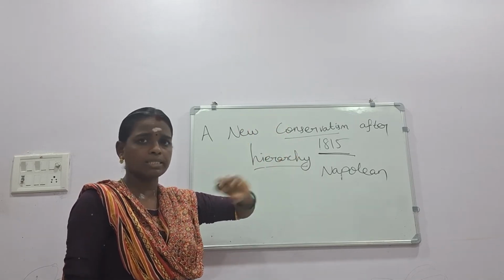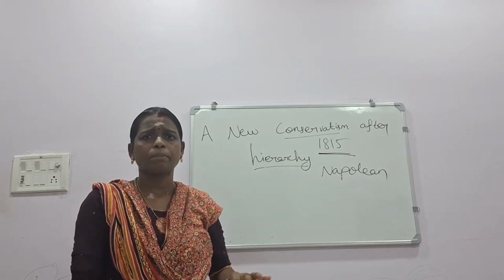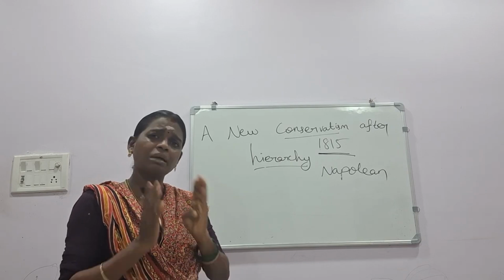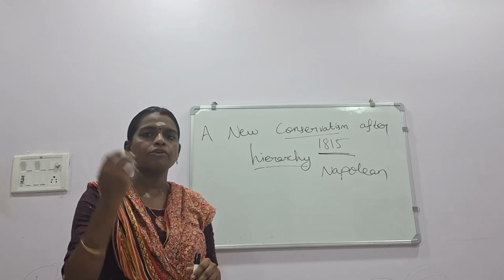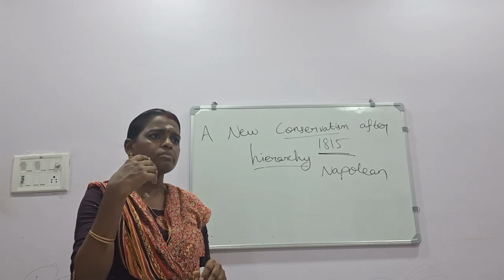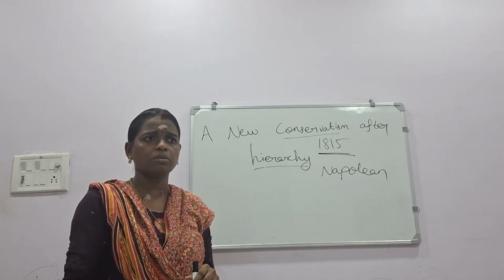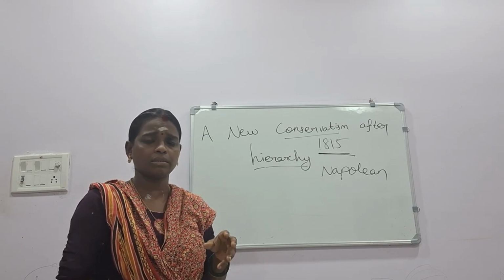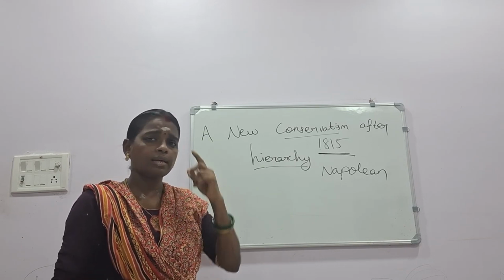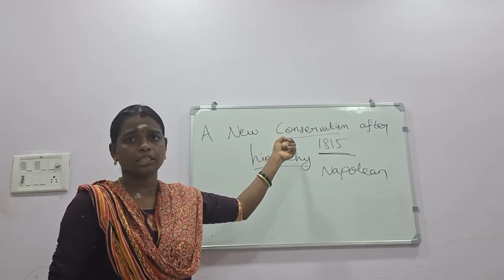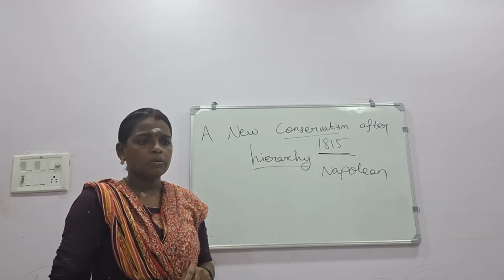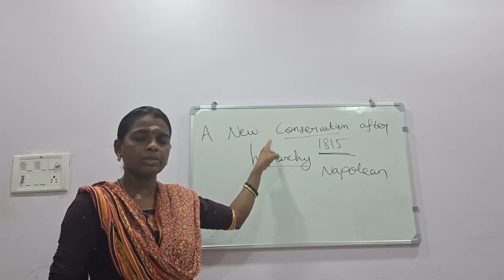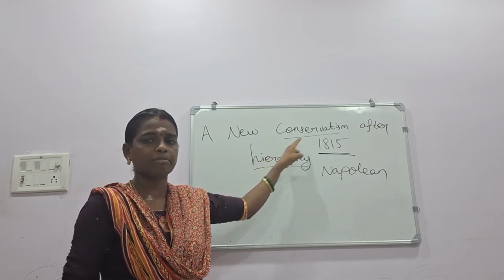But they never compelled the people to get back to the past, to follow the monarchy. They believed abolition of feudalism and abolition of serfdom also could revive the monarchy in the European countries. That was the belief in the mind of the conservatist people. So this is what is explained in the first paragraph under the side heading of new conservatism after 1815.